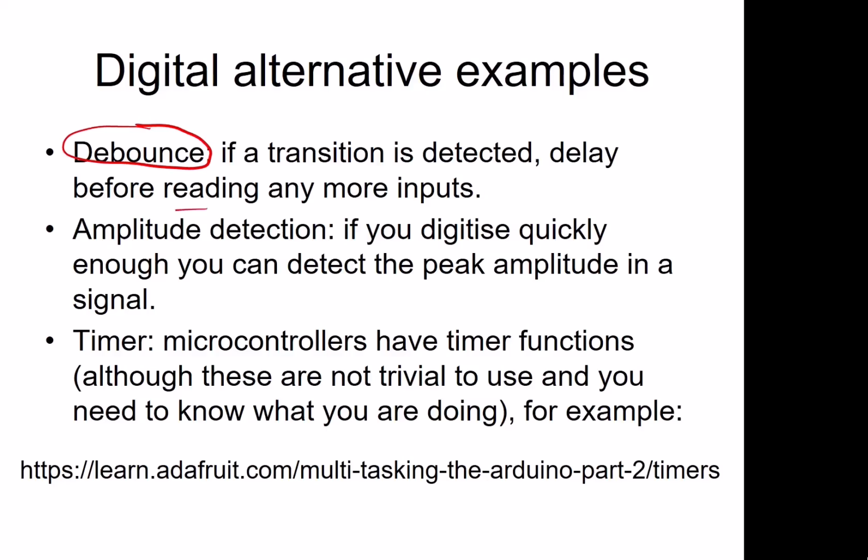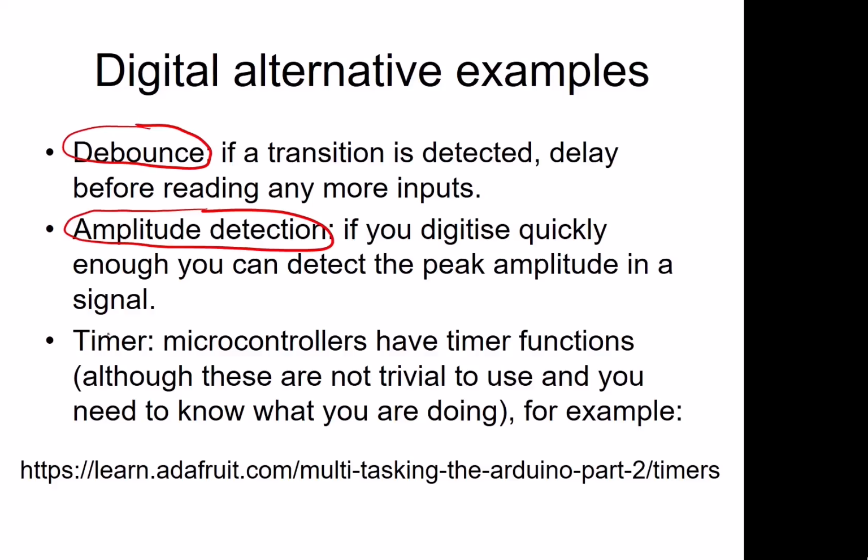Amplitude detection, again, could be done in software. What you'd need to do is sample your signal quickly enough that you are sure to record the peak of the sine wave passing through. So if you've got a quick enough digitizer compared to your signal frequency, you could actually measure the amplitude in software.